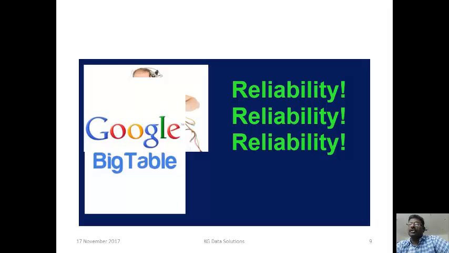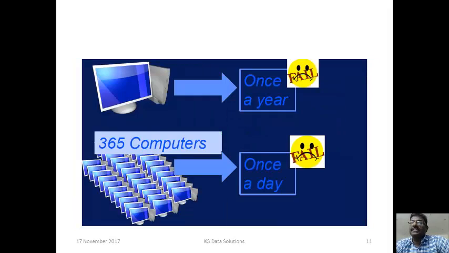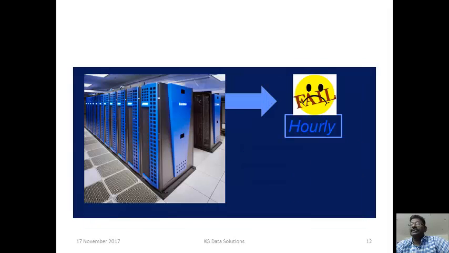Also, the concept of this has come from Google, the Google File System, where you see that the data would be stored in three different places. So that's the example which I had given. If a computer is failing once a year, let us take, and since we are going for commodity hardware, and there are like 365 computers, at least one will fail a day, right?